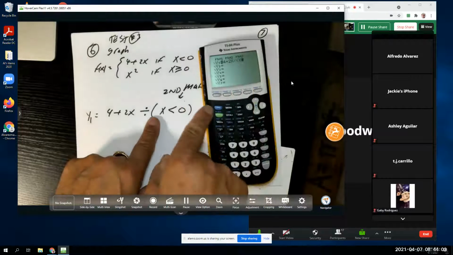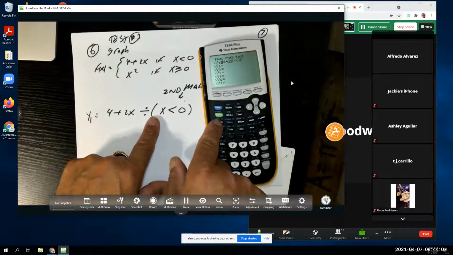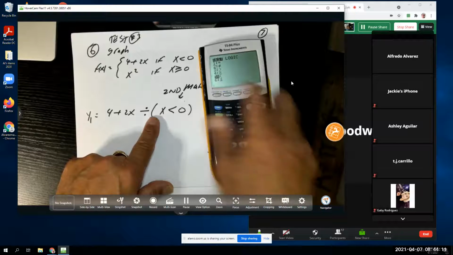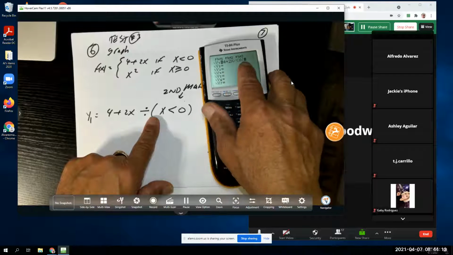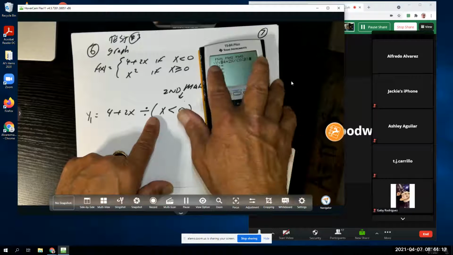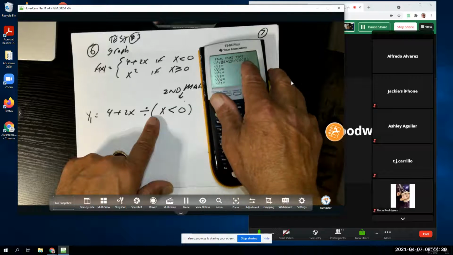Now, to get this less than symbol, you go second and math. See all the symbols right there? You find the less than, which is number 5. So x is less than what number? 0. Close it. So I put 4 plus 2x, division symbol, x less than 0, enter.